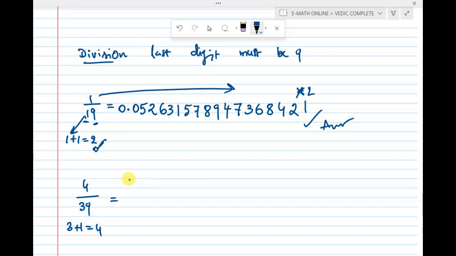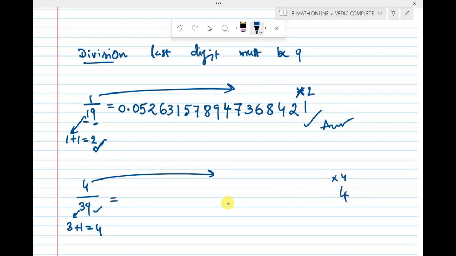Now we will do one more example. In this example, take some random number, 4 out of 39. Now this 4 will be the last decimal. And Ekadikena: the last digit must be 9, and the remaining digit, 1 more than it, the Vedic rule says Ekadikena, 3 plus 1 is 4.